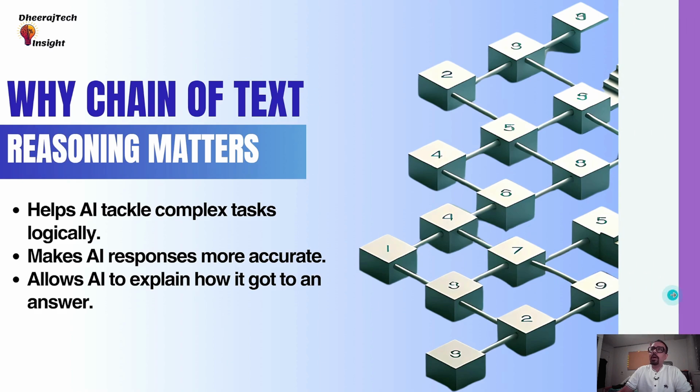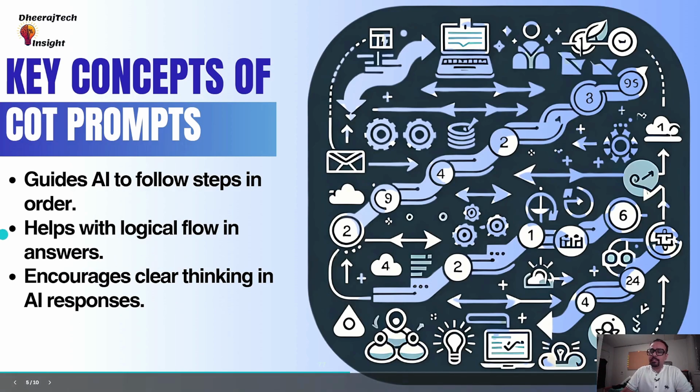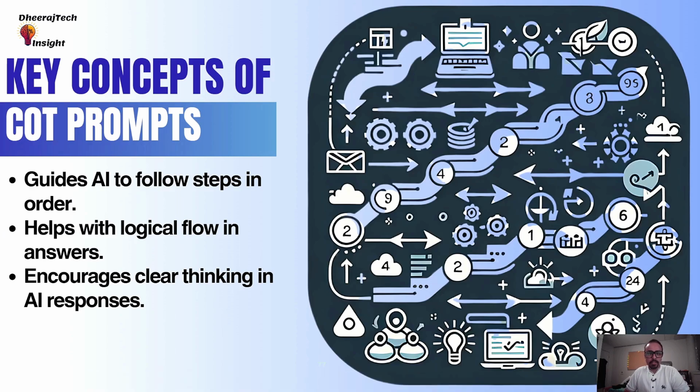So let's go ahead and see the key concepts of COT prompt. On the right hand side, you can see what you can consider as a map. COT prompts work like a map that shows AI which way to go by giving it step by step instructions. So COT makes sure that AI doesn't skip any step or get lost.